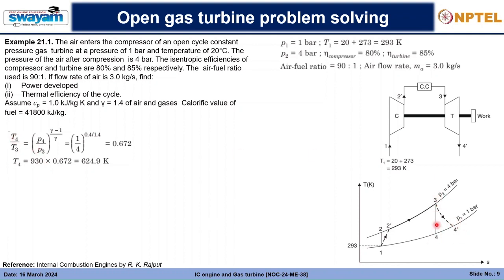First we will have an isentropic process T3 to T4, so that can be related with the pressure as T4 by T3 equals (P4 by P3) to the power (gamma minus 1) by gamma, equals (1 by 4) to the power 0.4 divided by 1.4, equals 0.672. We know the value of T3 now, so T4 becomes 930 into 0.672 equals 624.9 Kelvin.